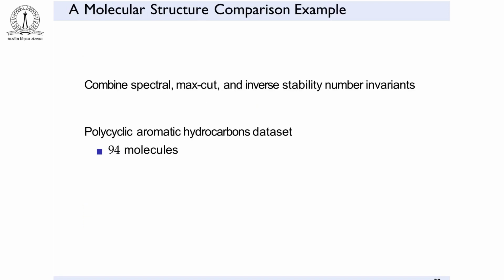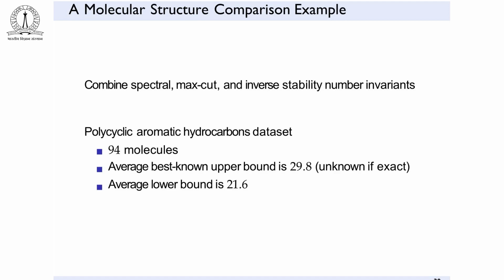And so here is a real example, involving molecular structure comparison, where we combined all of these invariants. We stuck in all of them. You can take the intersection of those things. Each individual one is easy, so the intersection of 3 of them is easy. And we applied it to a data set that consists of 94 molecules, each represented as a graph.